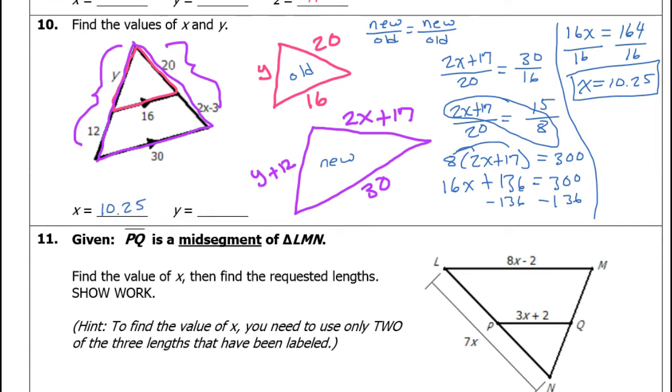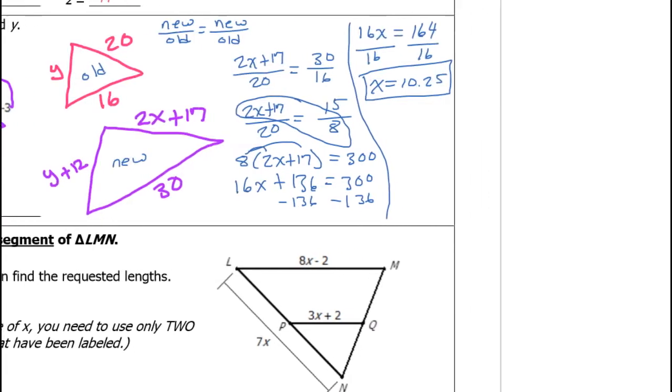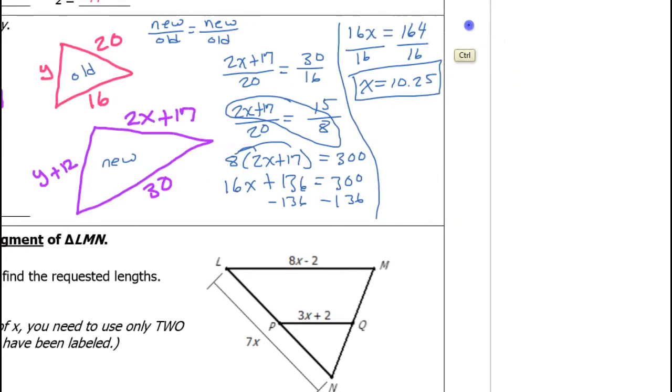Okay, now I need to do the same thing for the y values, which I'm going to do over here. Maybe I'll change colors just for fun. If I'm going to go after the y values, my corresponding sides are y plus 12 and y itself.